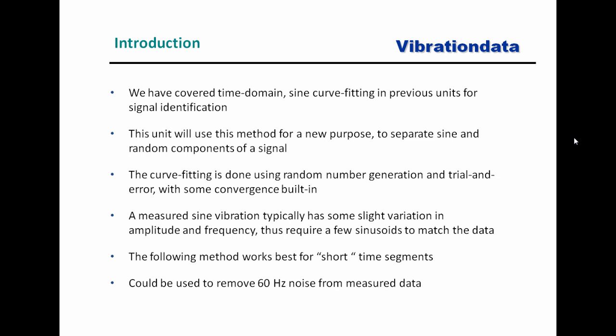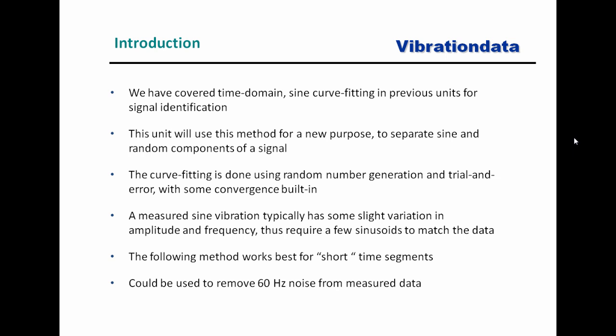Just due to the practical real-world physics, there'll be some slight variation in the amplitude envelope and some slight frequency variation. So anytime we're trying to do some curve fitting for sinusoidal data that's measured data, we probably will need to have more than one sinusoid at or near the frequency of interest to match the data. And you'll see that in an example coming up.